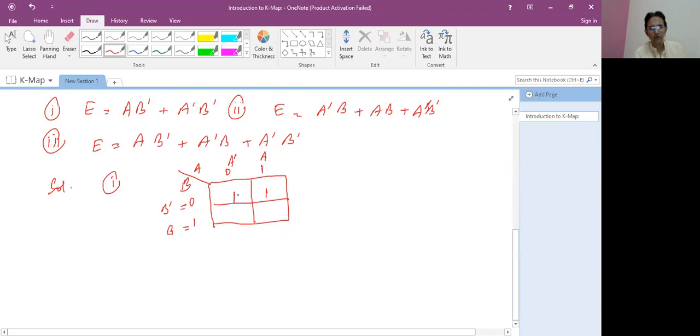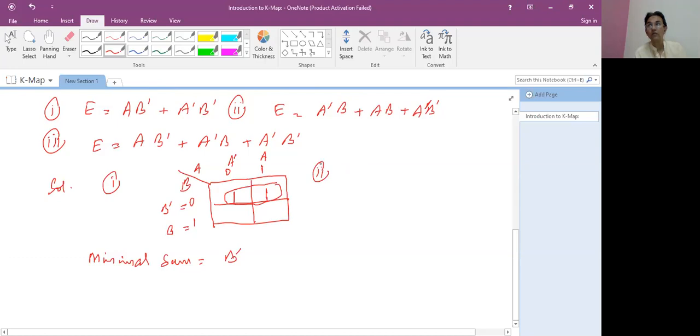Both are 1. It means it has one loop. What is the minimal sum? The minimal sum is B complement.